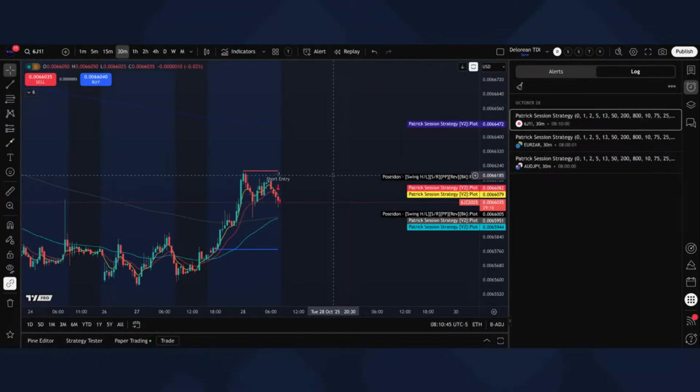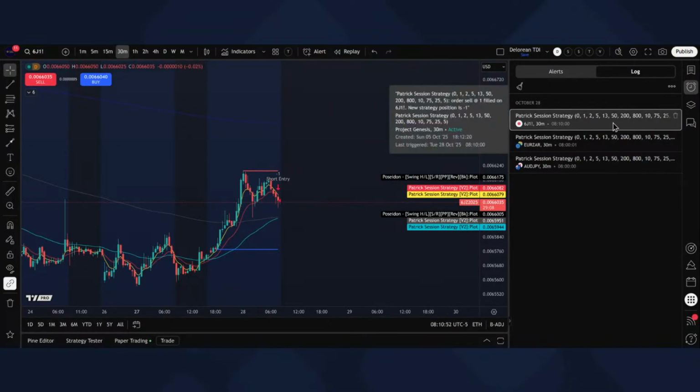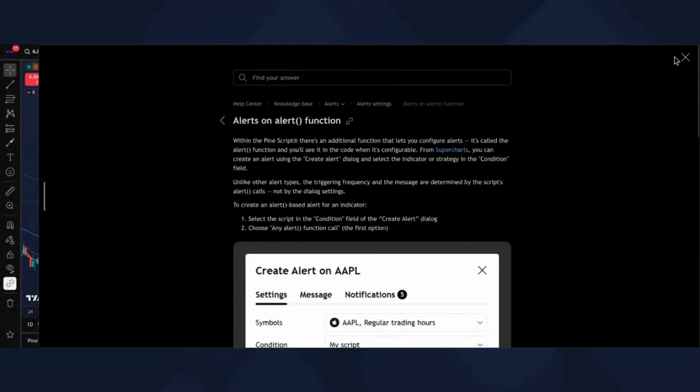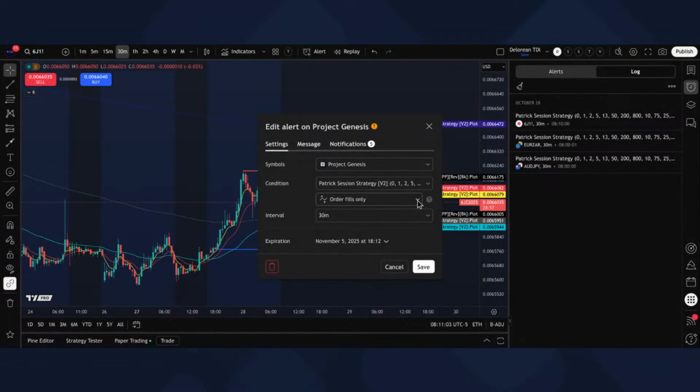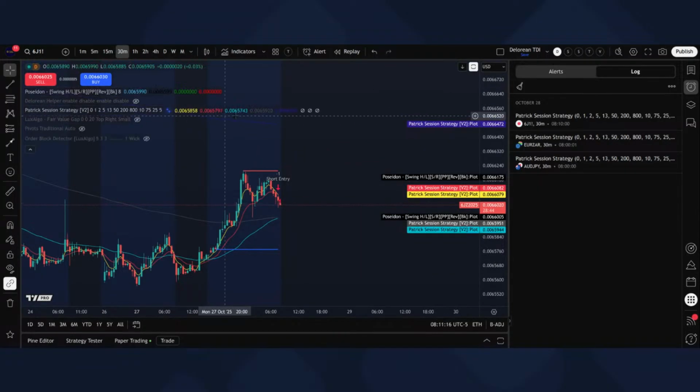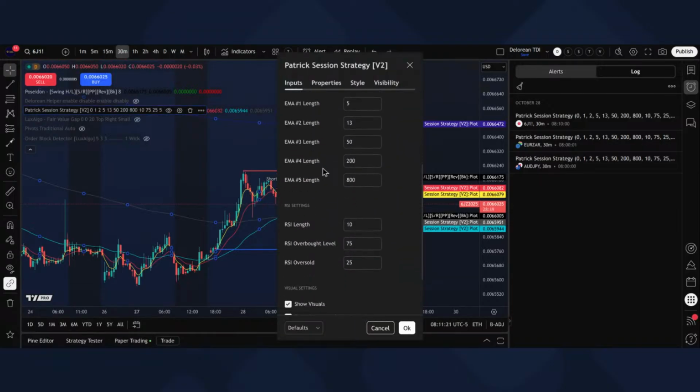So a 30-minute confirmation. So that'll paint that off in the next candle. I'm wondering why it's not showing it immediately like it used to.